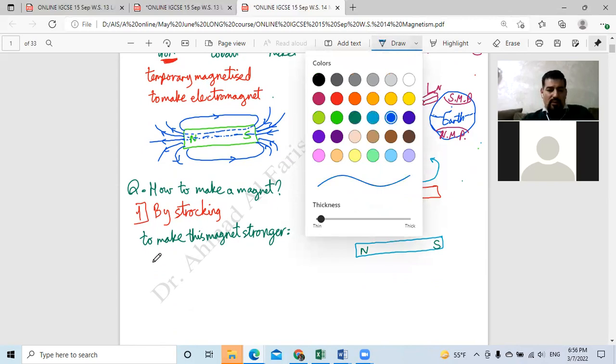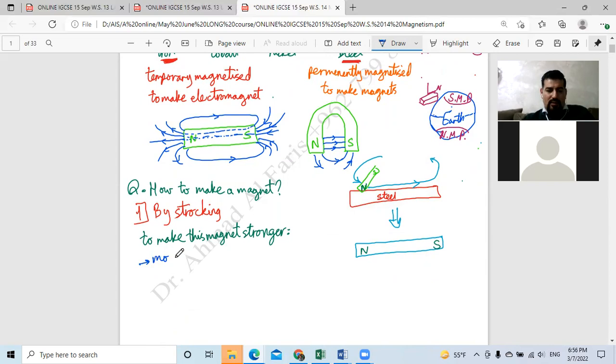Bravo. More strokes. That's number one. Number two, use a stronger magnet, not a small magnet, a bigger magnet. Use a stronger magnet.